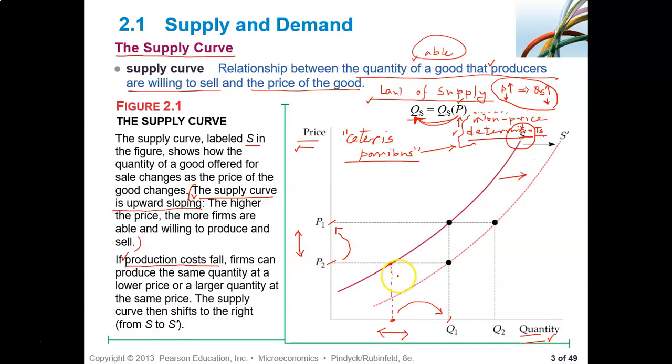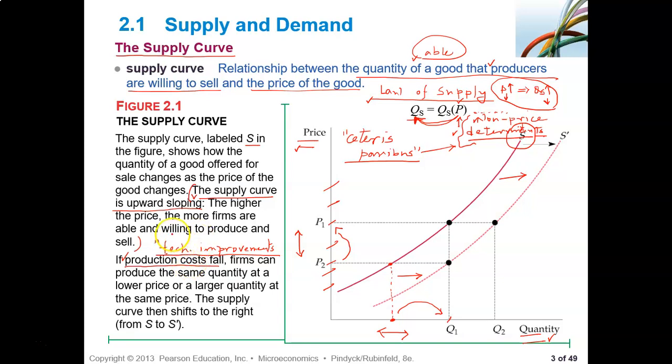At the same price, producers now want to supply more than before. This will also happen if there is an improvement in technology. When there is technological improvement, the profit of the producers will increase, and as a result, at the same price, they now want to produce more.